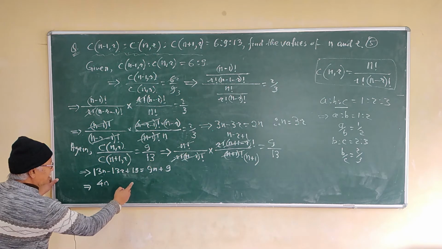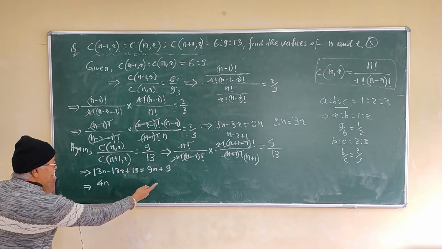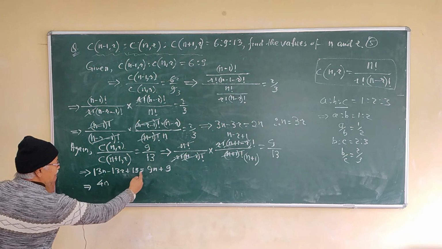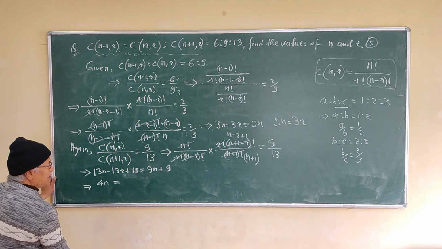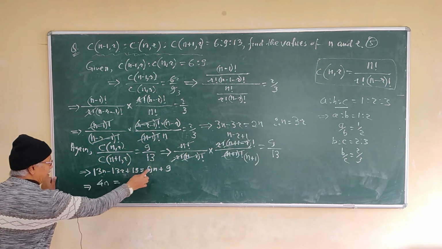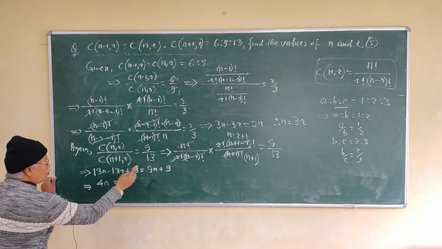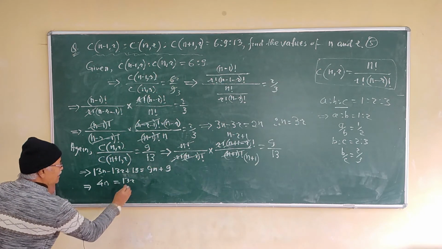And then 13r, I will just try to take it to that side. So what will happen? Tell me. 13r will go to the other side. 4n will be equal to, that 4n is 13n minus 9n. This goes to the other side, so it becomes 13r.